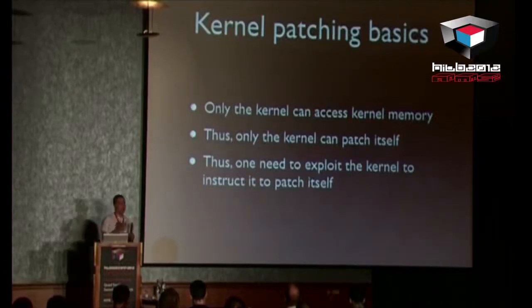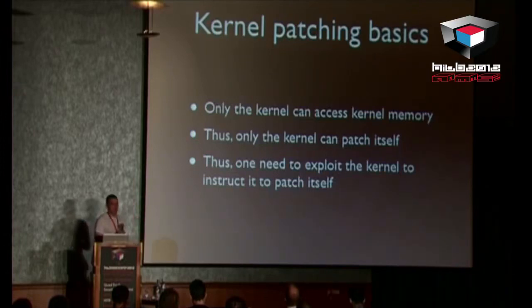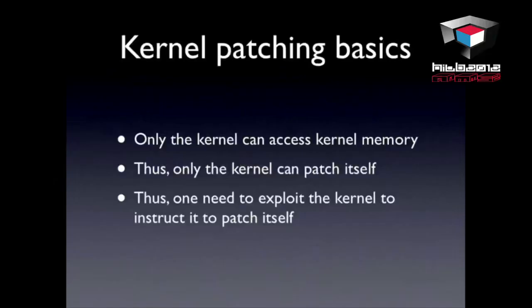A user process like Raccoon, exploited with format strings, can't do that because only the kernel can access kernel memory. So, to patch the kernel, you have to be the kernel. And thus, we need an exploit, a code execution exploit, to instruct the kernel to patch itself.